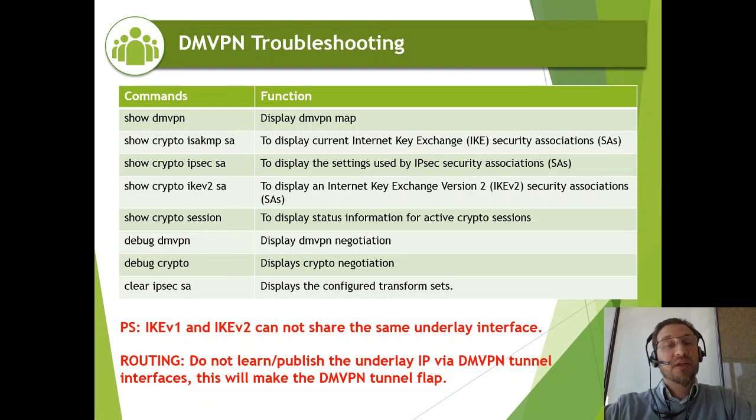Do not learn or publish the underlay IP via the DMVPN tunnel, as this will make the DMVPN tunnel flap. So you need to pay attention when you implement the routing to be used on the tunnel interface.